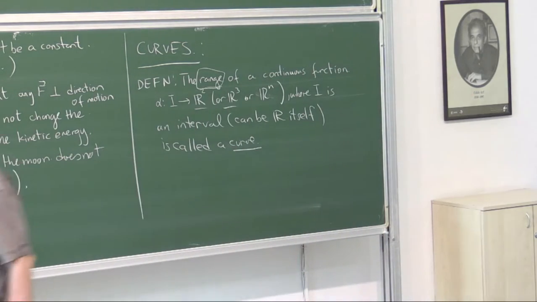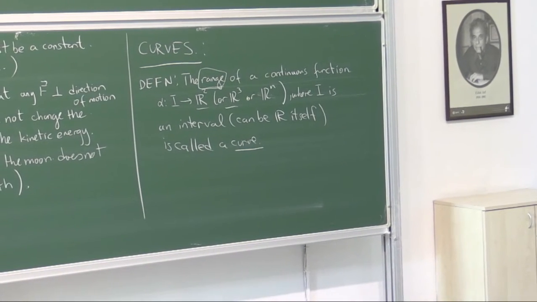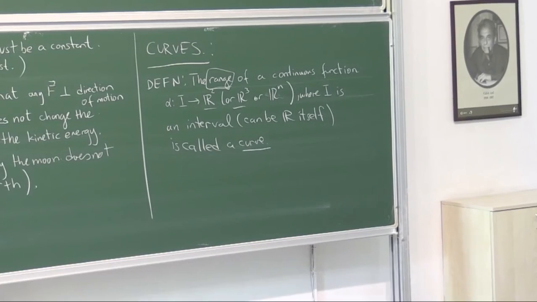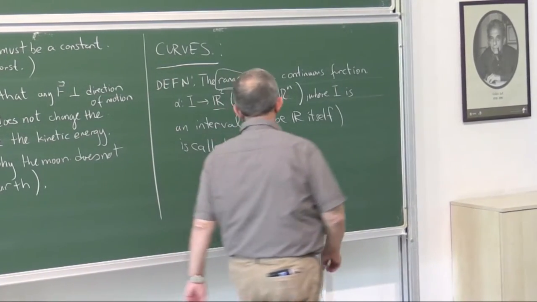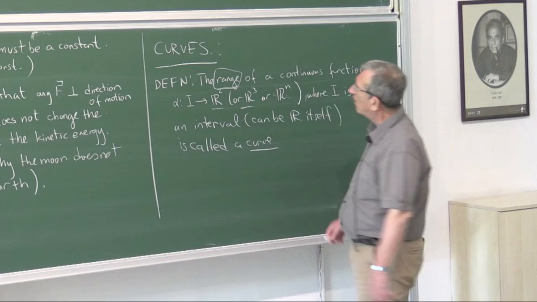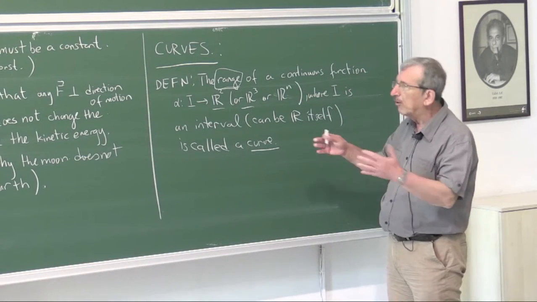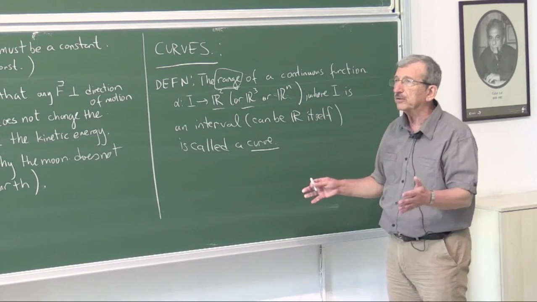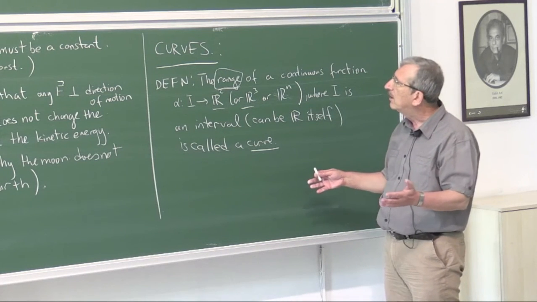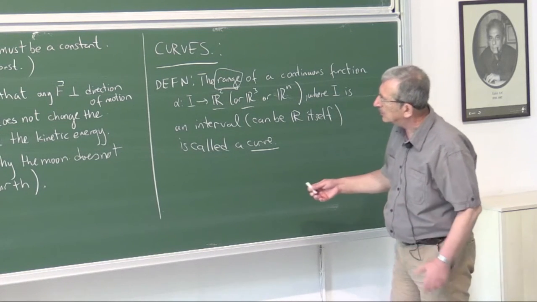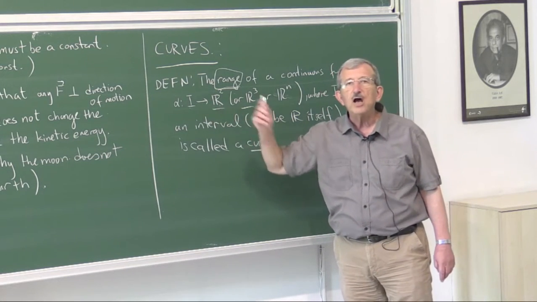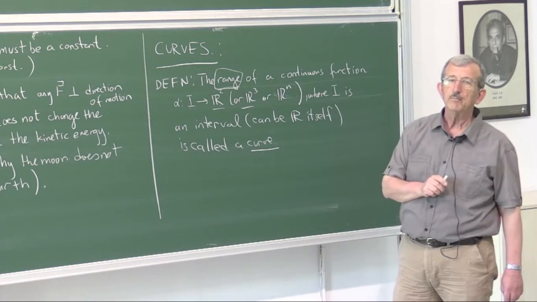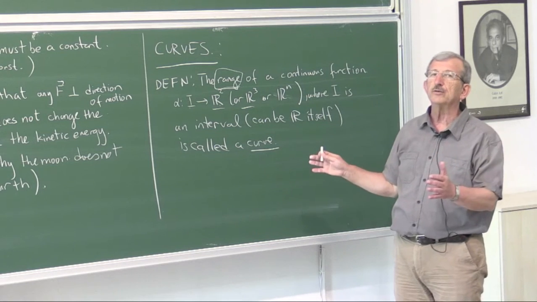Well, now let me give you some examples. But before doing that, let me emphasize one thing. The range of such a function is a curve, could be half a circle, for instance. But there are other functions which give the same range. The functions are not unique here, because we only consider the range.